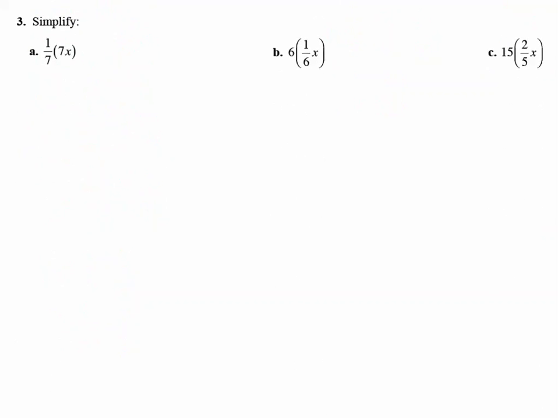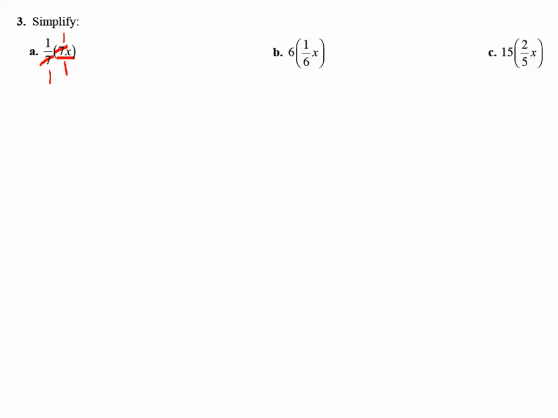So how do we simplify this? Now we're looking at fractions and whole numbers. Whenever you see a fraction multiplying a whole number, we like to make everything into fractions. So now 7x really becomes 7x over 1. Then I get to reduce or multiply across. In this case, since I have a 7 on top and a 7 on the bottom, I can just reduce those 7s.